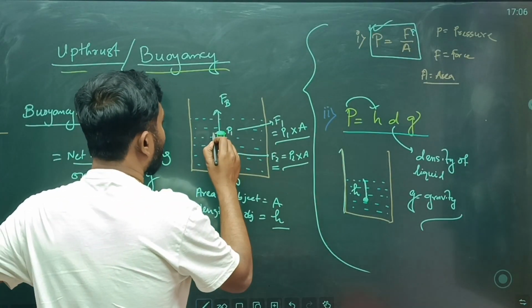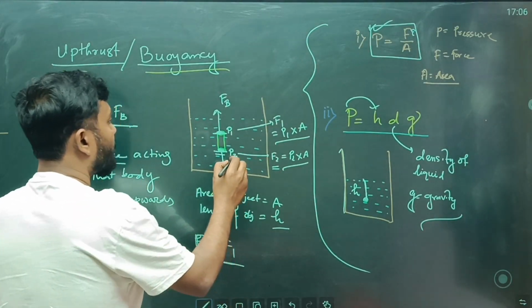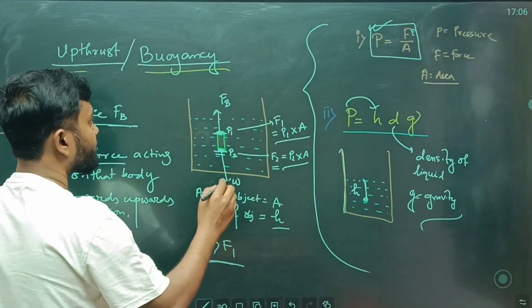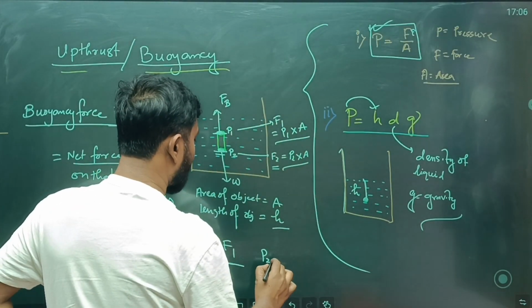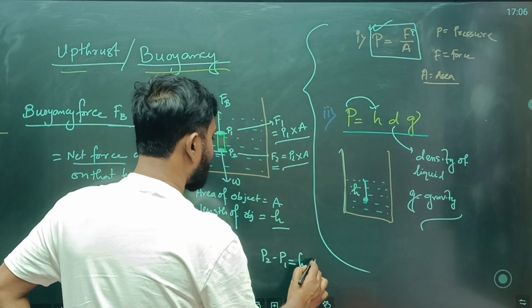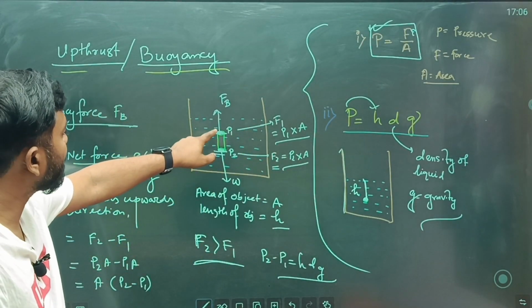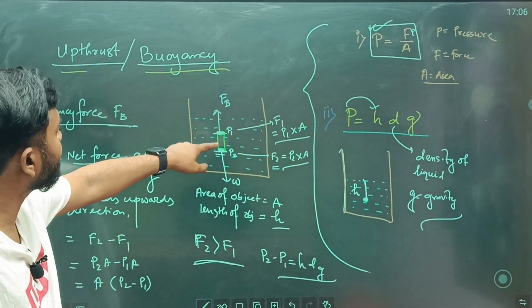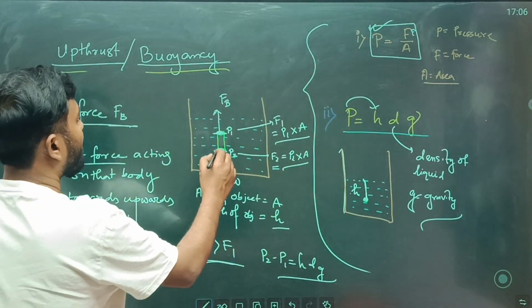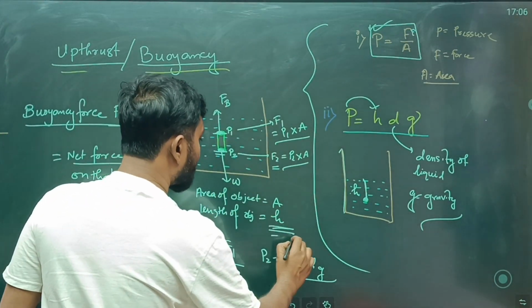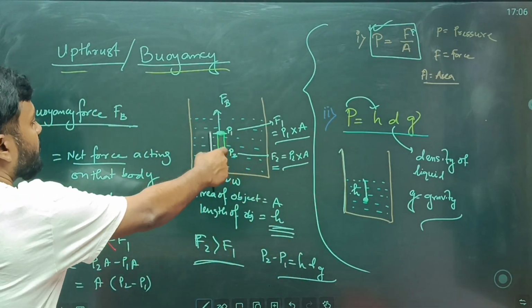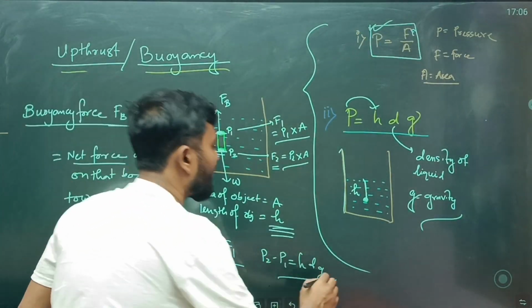Here pressure P1 and here pressure P2. So P2 minus P1 is equal to h d g. Why? The pressure difference between those two points, where the length of the object is h, so h2 minus h1 is equal to h.